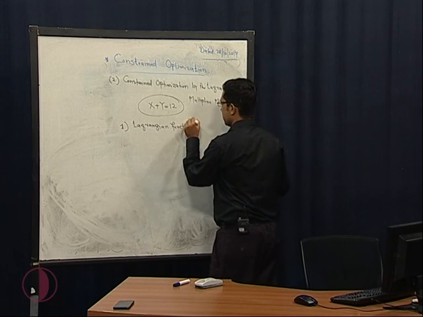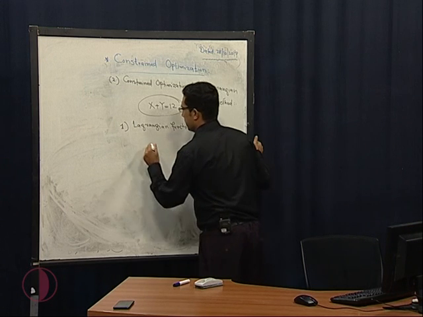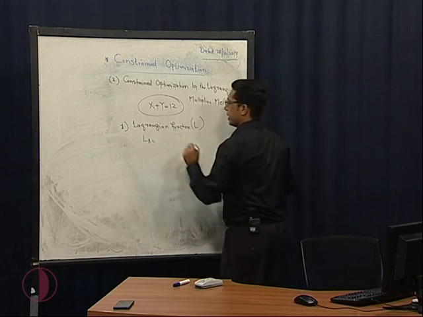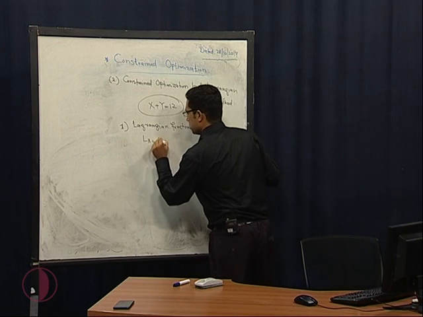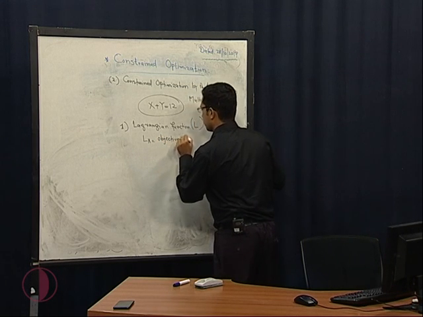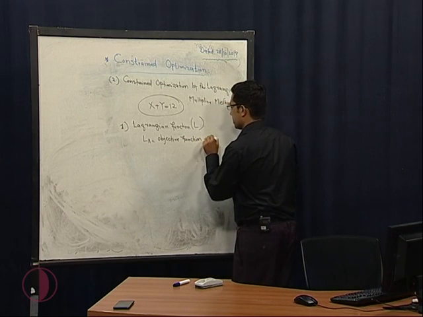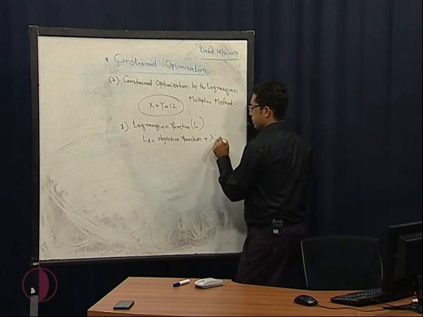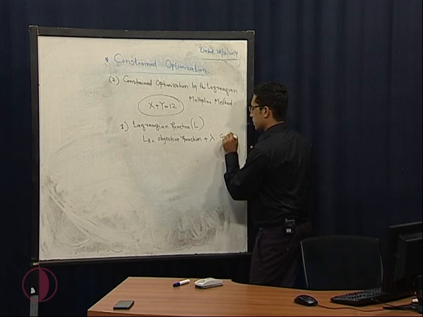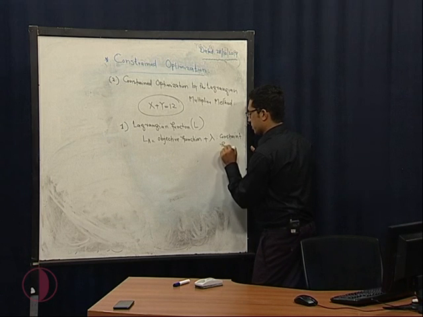We denote it with the symbol L. So the Lagrangian function will be like this: objective function plus lambda multiplied by constraint function.